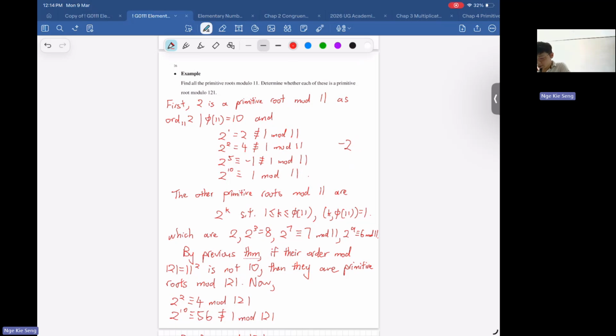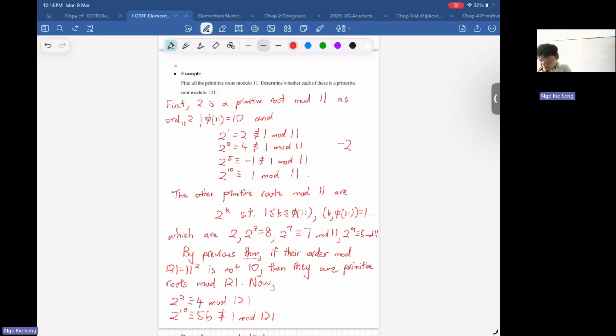If you compute, these are 2, 8, 7, and 6. Four of them, because φ(11) is 10, and then φ(10) is 4. So there are 4 of them.